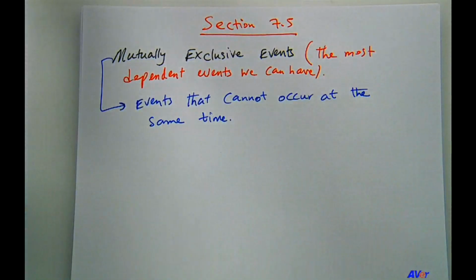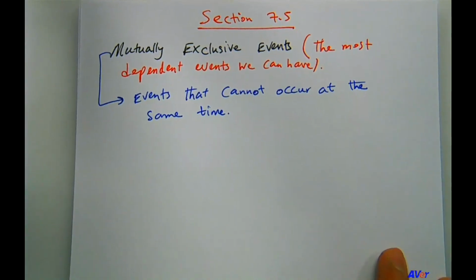You already know good examples of mutually exclusive events, such as flipping a coin. The outcomes, head and tail, are mutually exclusive because they cannot occur at the same time. The same is true with rolling a die. You can't roll a die and get 1 and 2 at the same time, or 1 and 5 at the same time. Those outcomes are all mutually exclusive.